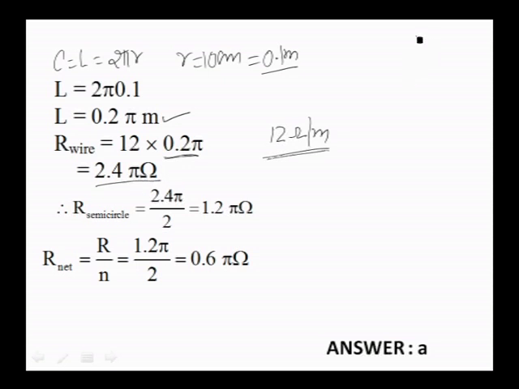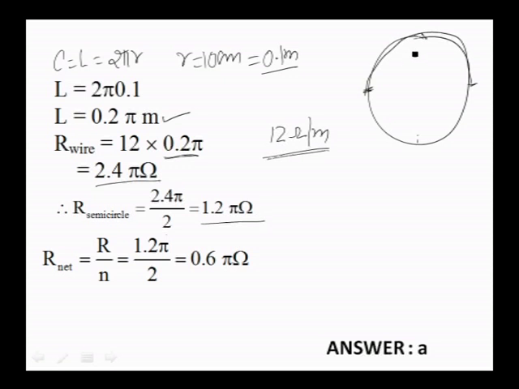That is for the entire circle, but we want the resistance of the half, that is the semicircle. The resistance of the semicircle is the total resistance divided by 2, because these are identical semicircles: 2.4 pi divided by 2, which is 1.2 pi ohm.